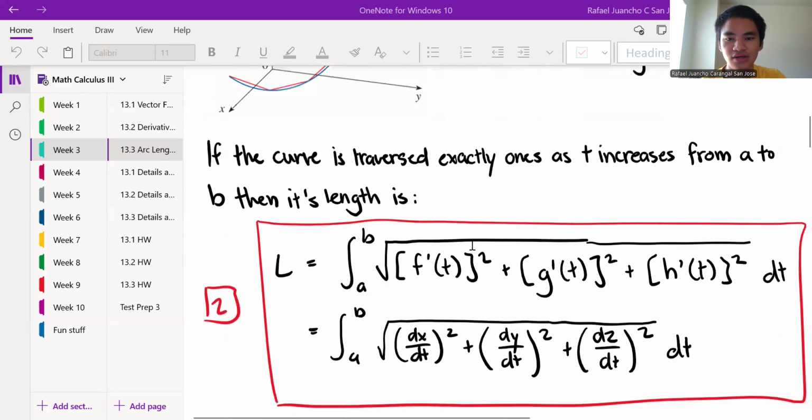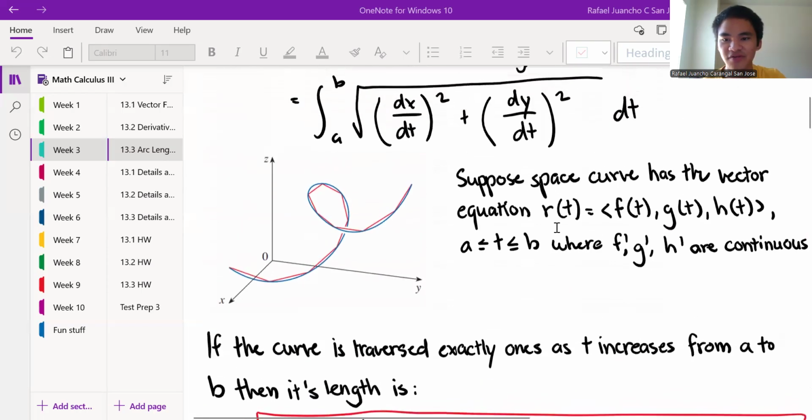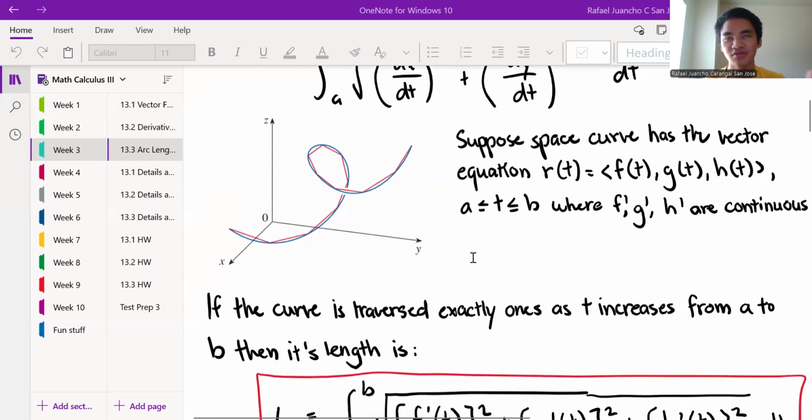So here, just to briefly review, we're given a vector function with component functions f, g, and h. This is a continuous curve, so that means their derivative is continuous, and the parameter t is bounded by a and b.